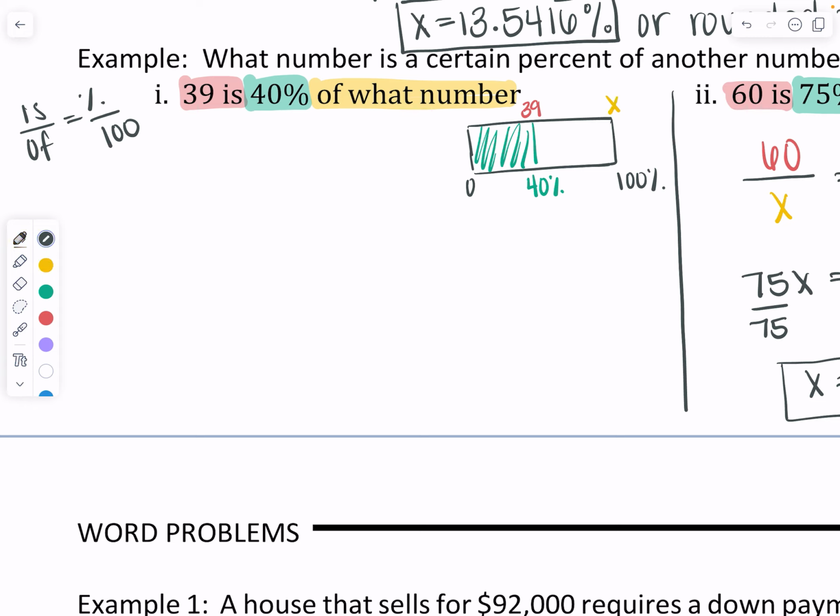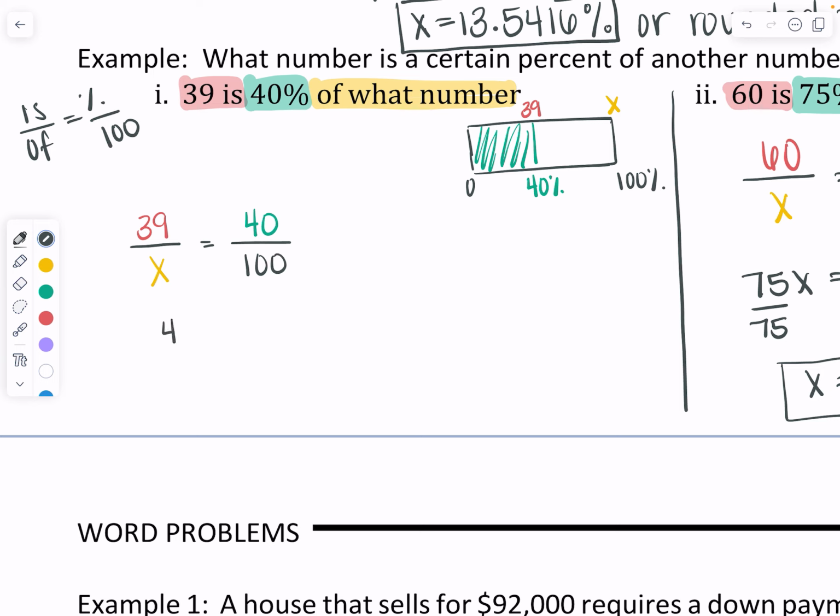All right, and so now my proportion is going to be "is" over "of", or 39 over X, of what number, equals percent, 40 over 100.